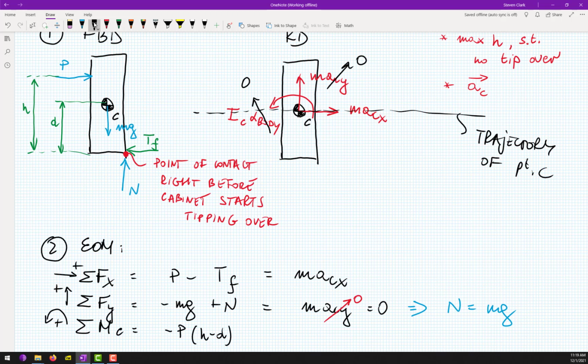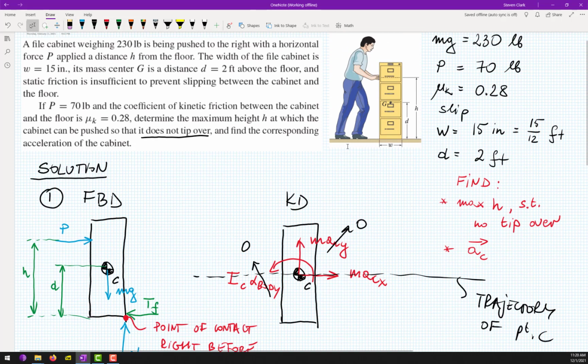Now, friction rotates again in a negative fashion, so it will be minus F times d. And N rotates in a positive fashion, so it's plus N times that distance. Let me scrub the board. Was it the W?